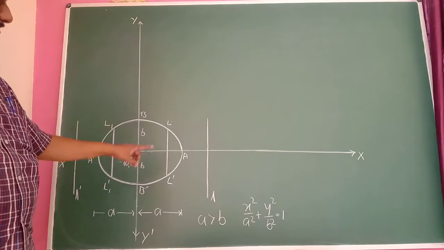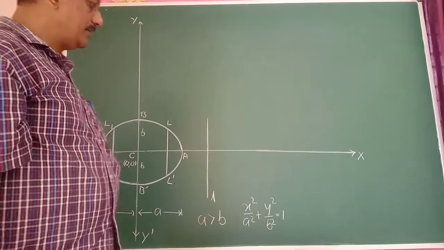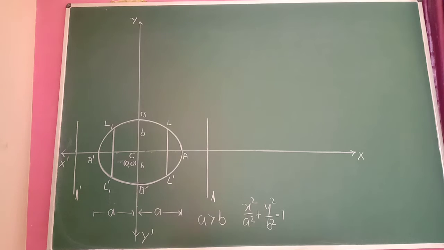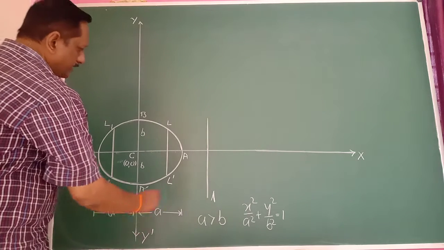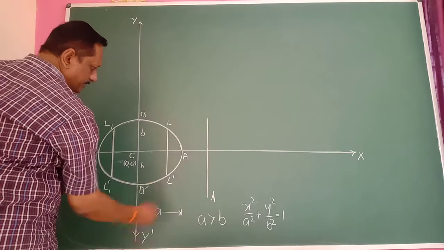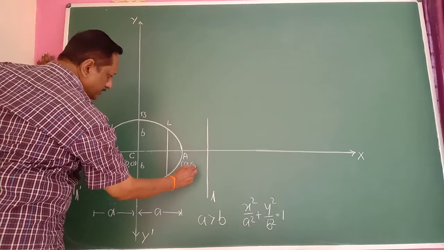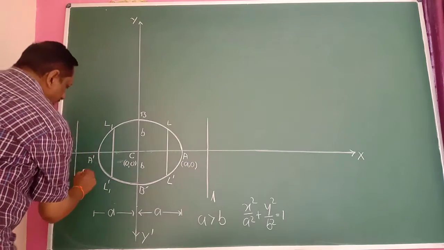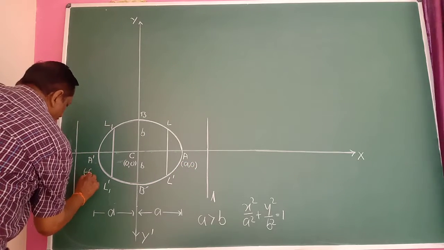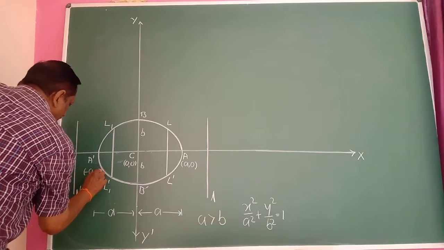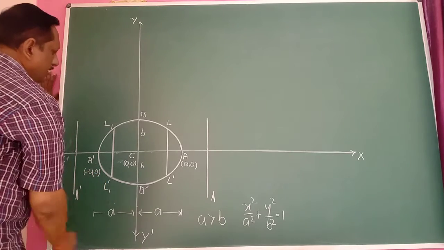Then the equation of this ellipse is x square by a square plus y square by b square equal to 1. The coordinate of the point A becomes (a, 0), and A dash becomes (minus a, 0).